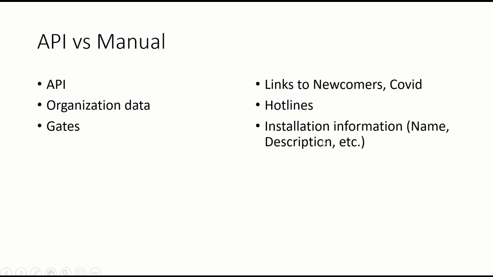And then any of the big installation data. So if you wanted to change the name of an installation or the description, like the one on the Gates page, you would have to email me. The installation information changes will never be part of the API because they're just so big, right?